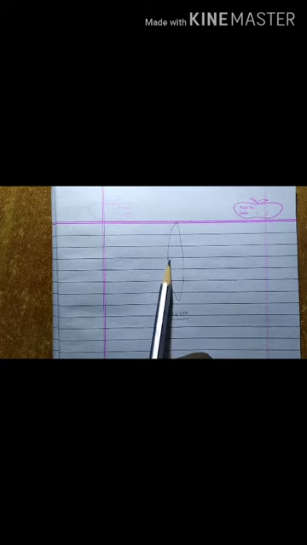If you realize it is thicker at the center, that will be a convex lens, and if it is thinner at the center as compared to the edges, then you will say this is a concave lens. In the laboratory, convex and concave lenses are available, so I will show you.